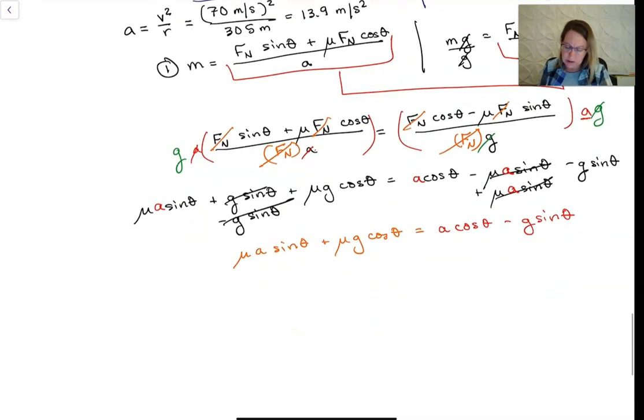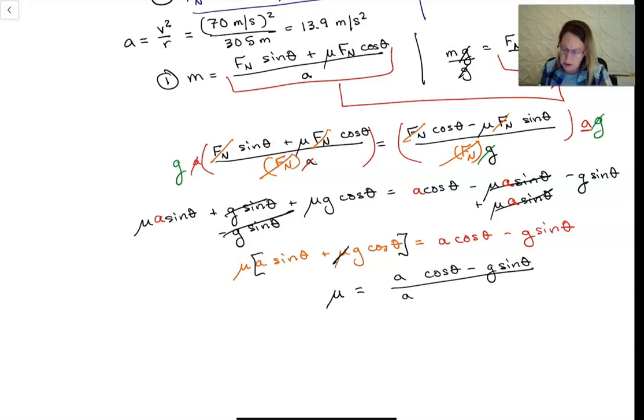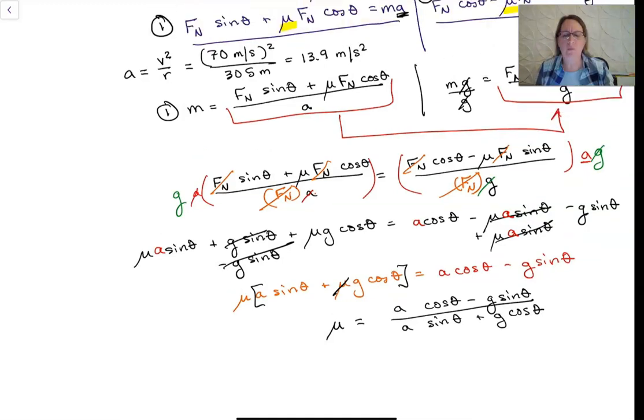That looks okay to me. And so finally my mu factored out of this term, so I can factor it out of both terms there, is equal to a cosine theta minus g sine theta all over a sine theta plus g cosine theta.